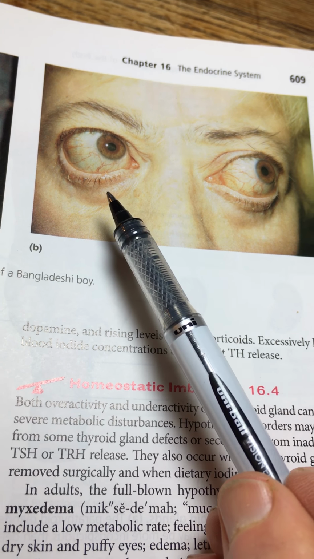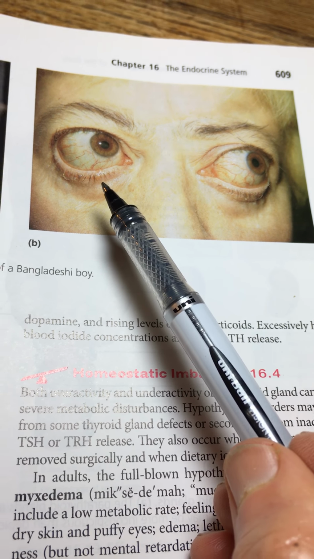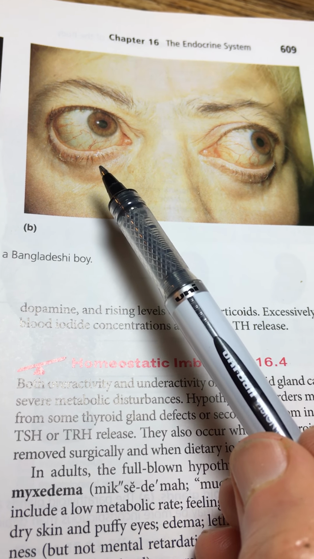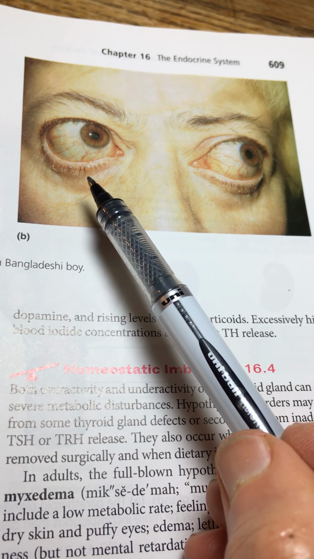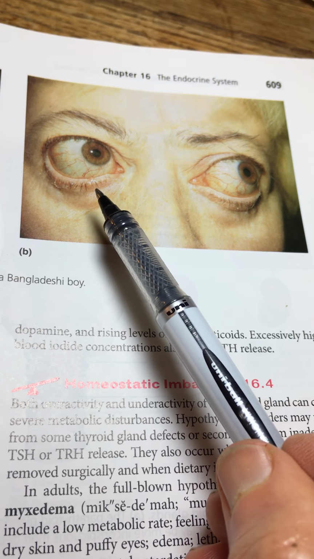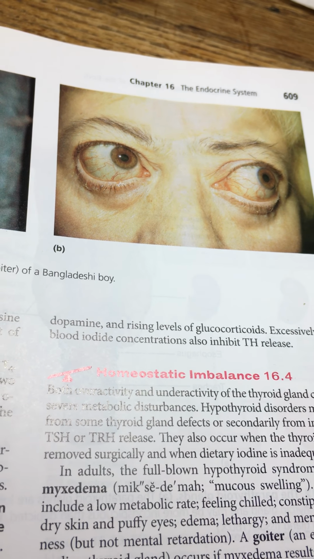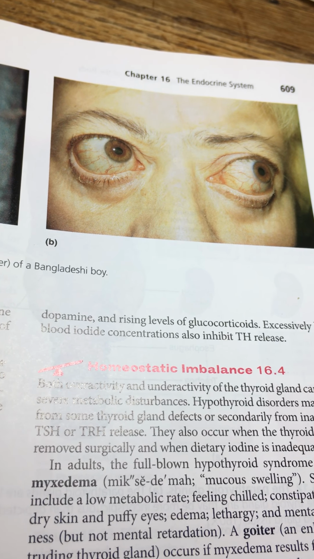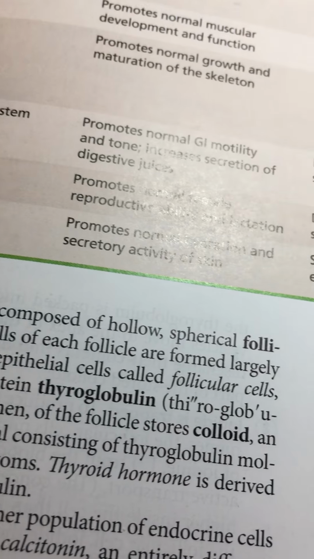And if the fat cushioning gets metabolized and then replaced by connective tissue, then we don't have that soft padding for the eye, and instead the eye is projected forward due to the development of fibrous connective tissue. Okay, so that's one of the outcomes of too much production of thyroxine. Okay, so it's needed for many things, and we can read about that over here.